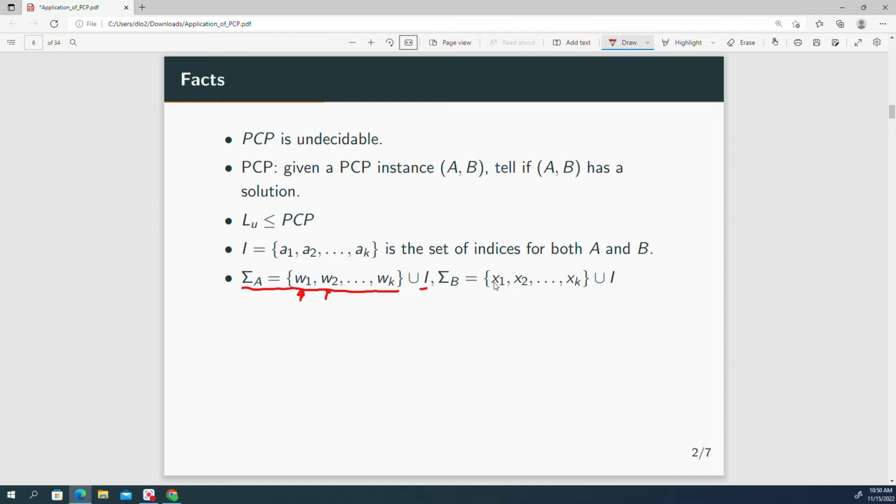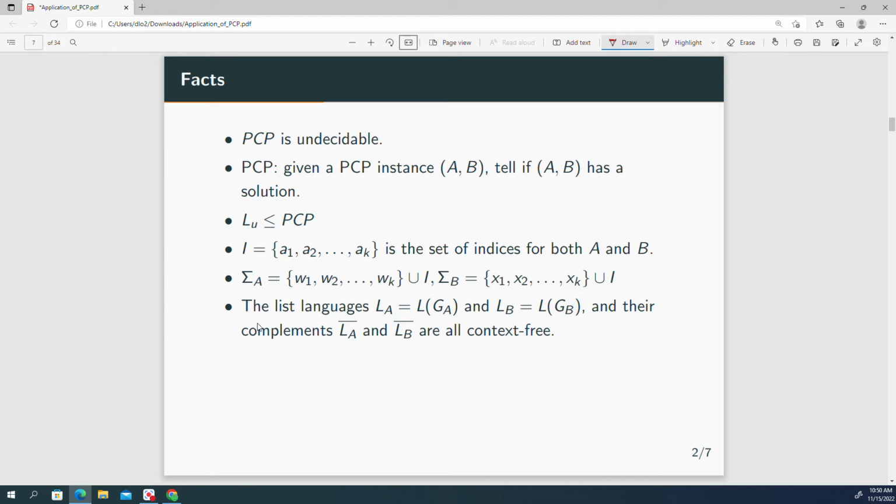And sigma B does the same thing, but we take all the symbols in X1. Here X1 is a string. All the symbols in X1, X2 all the way to XK will be the symbols included in sigma B, plus the index symbols.